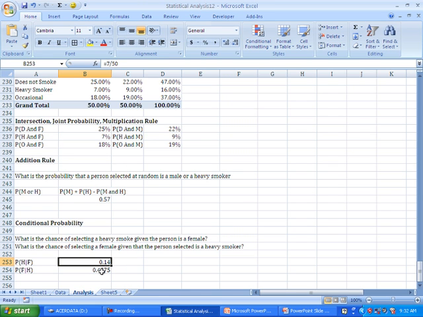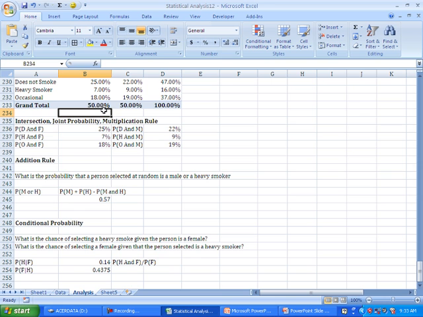Right? So in a simple sense, how do I write the formula for this? P of H given F is nothing but P of H and F, probability of heavy smoker and female, divided by the probability of females itself. Probability of females is only females, which is this 50%.